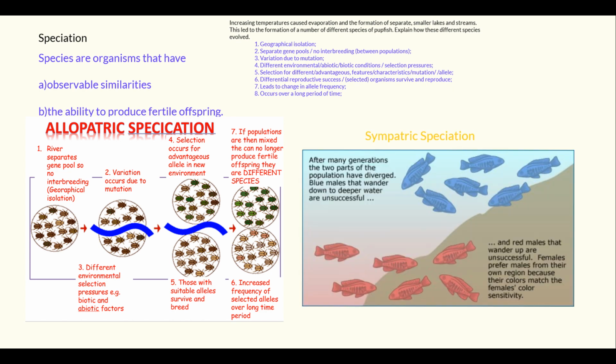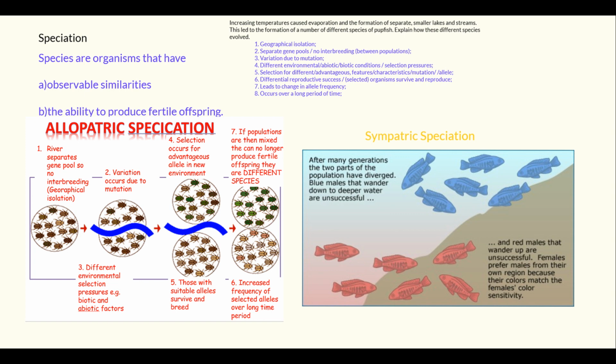Now this is the concept that there is no physical barrier between the two species. So you can see here that we've got fish within the lake, and it says after many generations, two parts of the population have diverged. The blue males that wander downstream, down to deeper water, are unsuccessful, and the red males that wander upstream are unsuccessful.